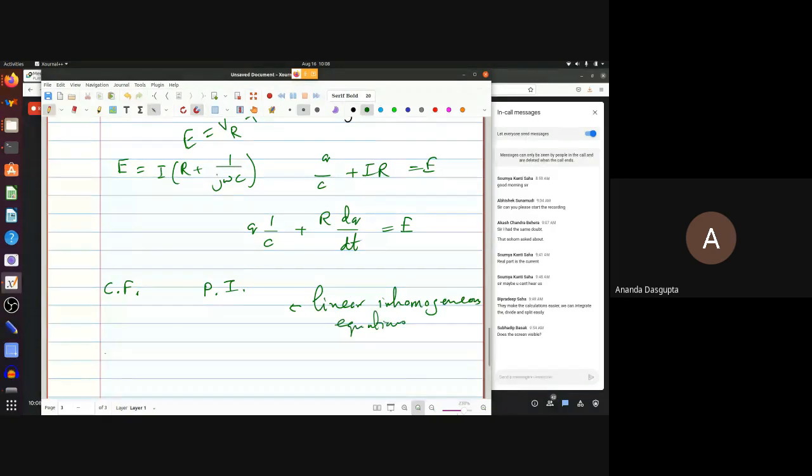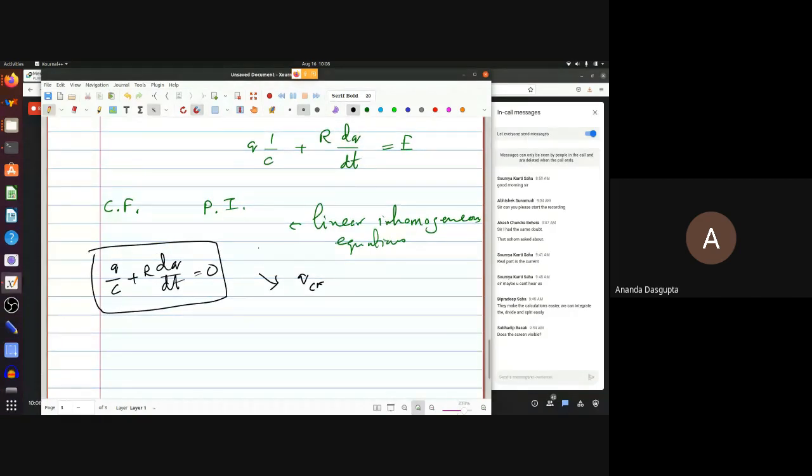If you were to solve this part, you know this, right? You have done this in differential equations. The solution that you get is what is called the complementary function.